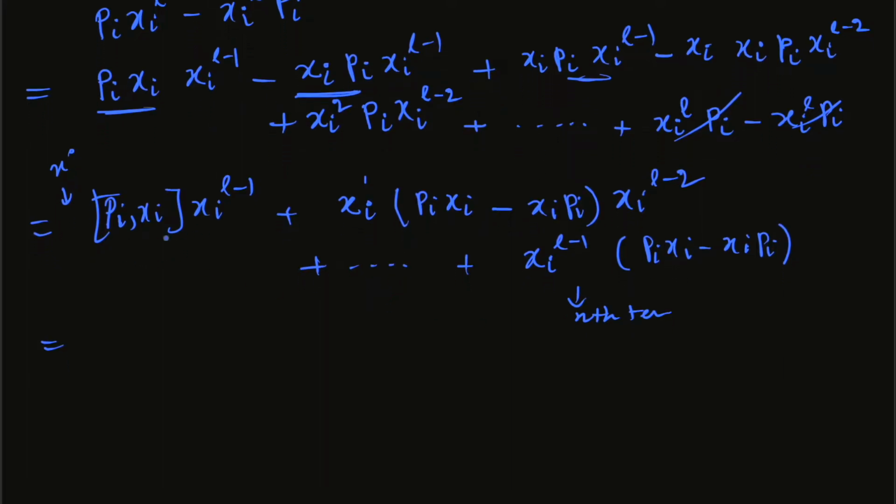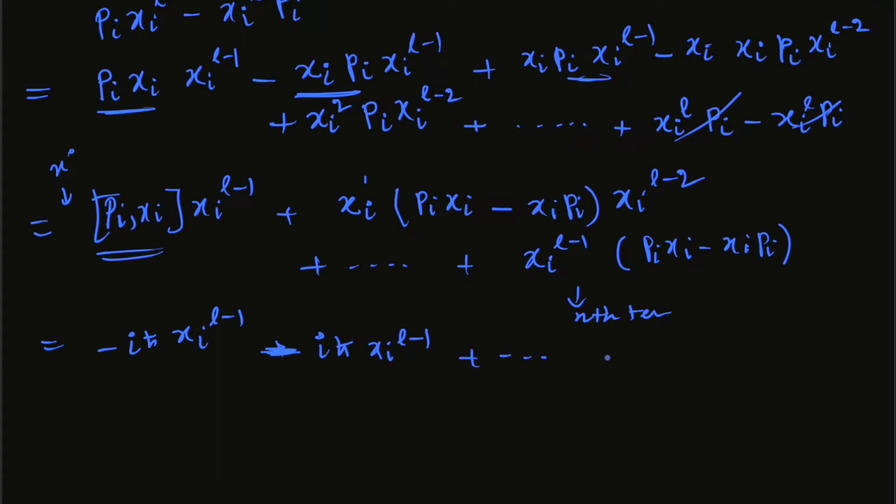That means what we'll get from here is minus i h cut, since we know this commutation relation, x_i to the power l minus 1, plus from here also, minus i h cut x_i to the power l minus 1.